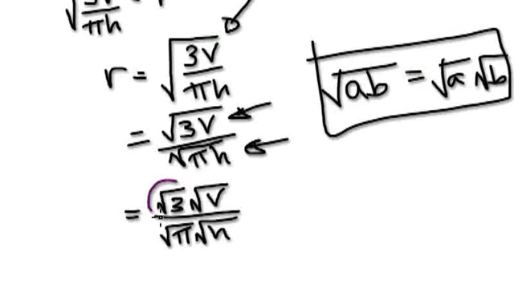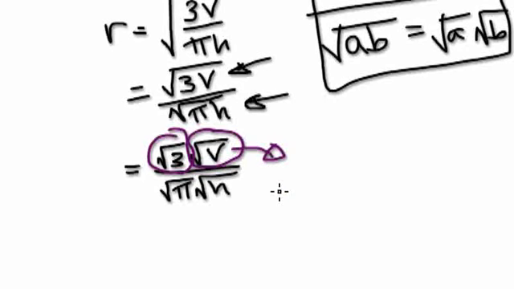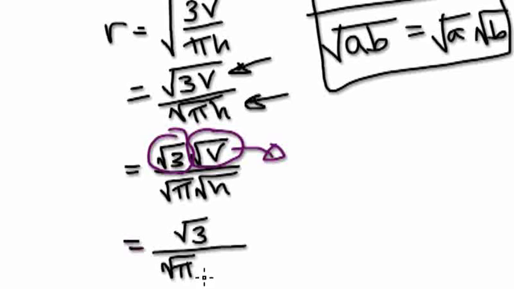So here you can imagine this as being this times this. Now pull this out, so it will be root 3 over root pi root h, and then times root v.